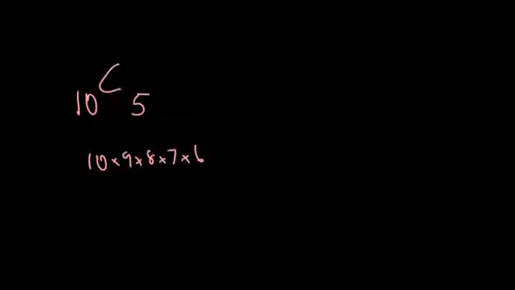Alright, let's just do a couple more. So let's say we have 10C5. So that'd be 10 times 9 times 8 times 7 times 6 over 5 times 4 times 3 times 2 times 1.